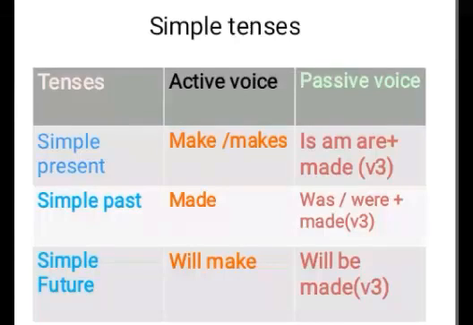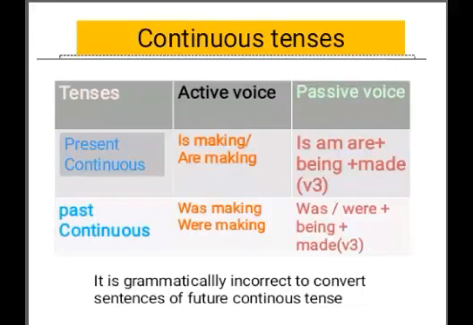Simple past tense: made, V2 in active voice, and in passive voice to be forms of past tense was, were plus V3. Simple future tense: will make in active voice and will be made in passive voice.